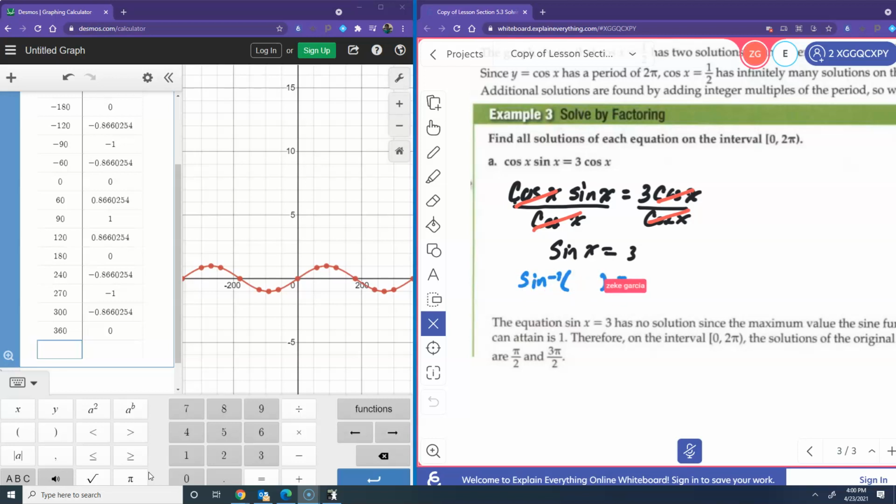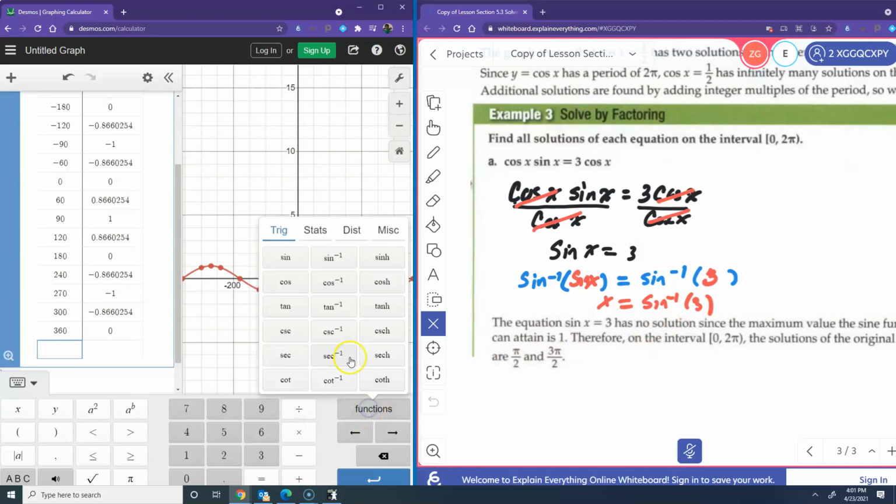But supposing you still wanted to figure it out with your calculator, what you would do is you would get the inverse of sine of x. So in this case, it would be x is equal to the inverse sine of 3. Now, what this is saying is, can you give me the angle that will give me the ratio of 3?